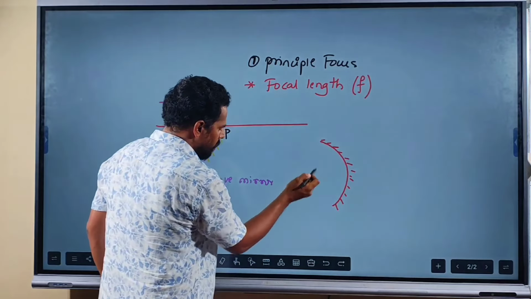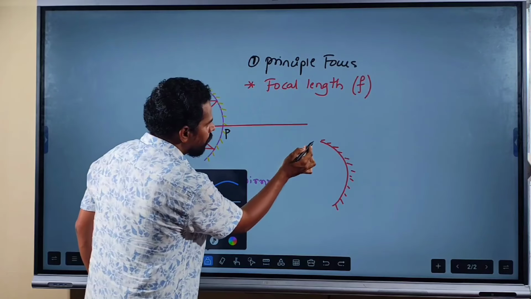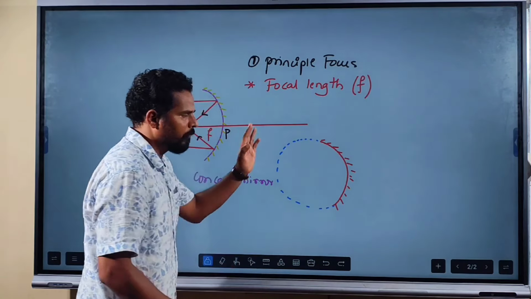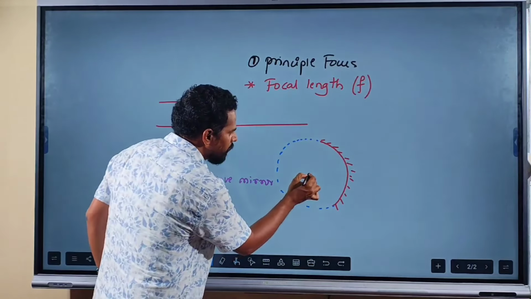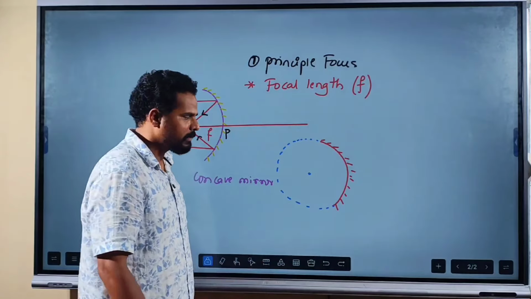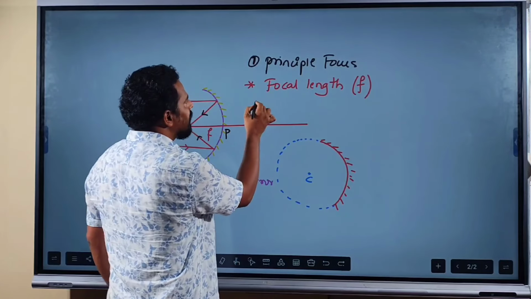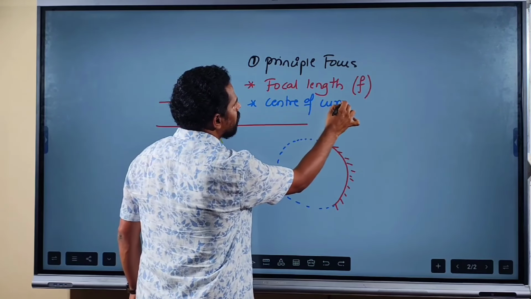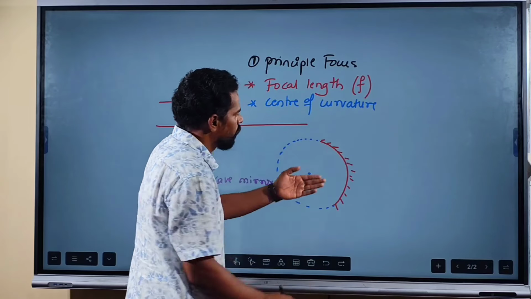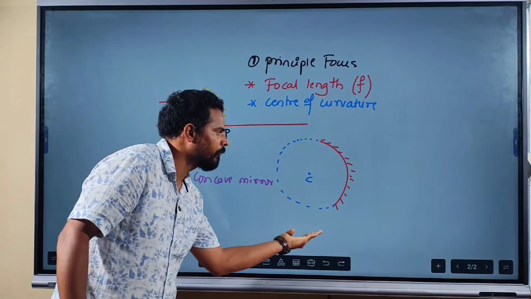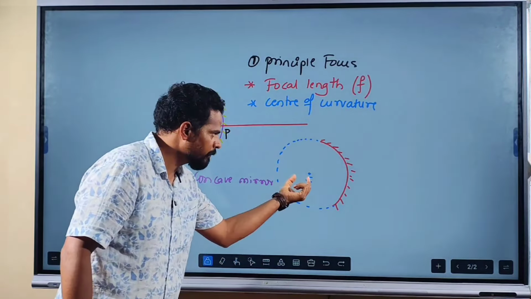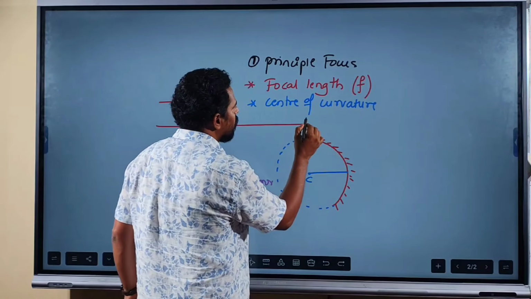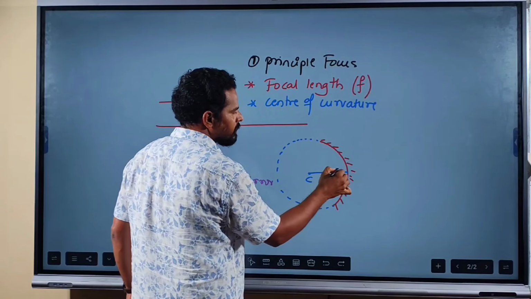So if you draw the imaginary line to form a sphere, this sphere has a center called the center of curvature, and the radius is nothing but the radius of the sphere.